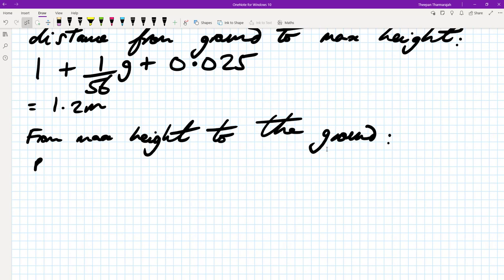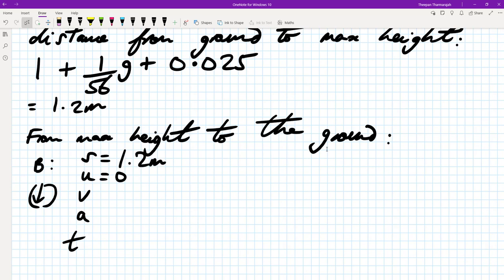So for particle B, taken downwards is positive. In the SUVAT again, it starts from rest. Displacement's 1.2 meters. It's moving freely under gravity, so it's going down, so it's g, and we're trying to find the time taken.